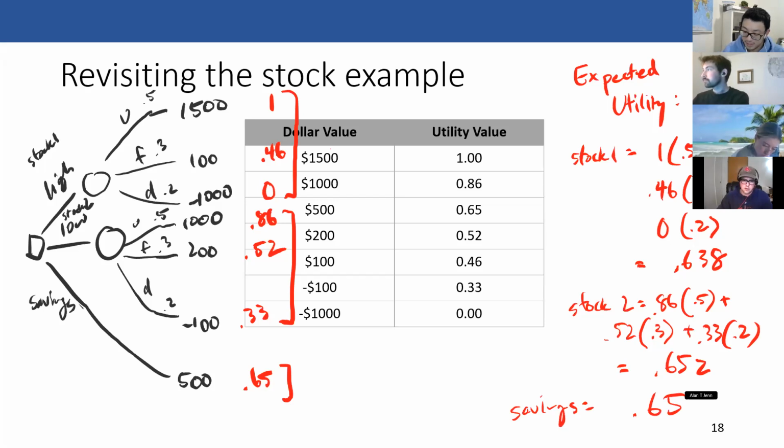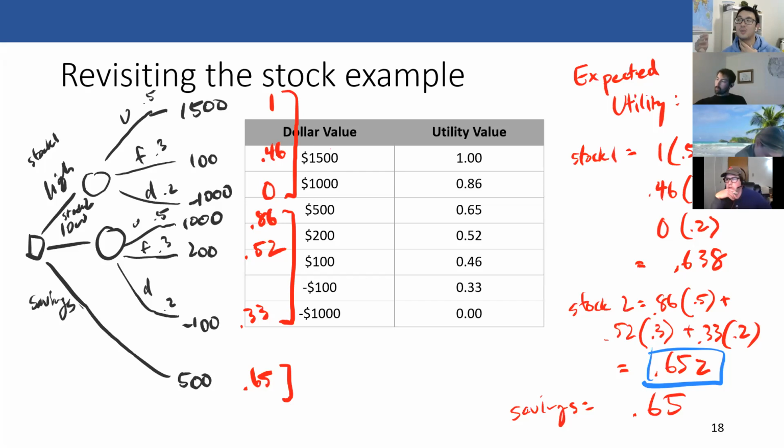Okay, so now I can see that compared to a risk neutral person, this utility function that is risk averse would prefer to invest in stock 2, because I'm taking into account the fact that stock 1 is riskier, in whatever perception this function is capturing.